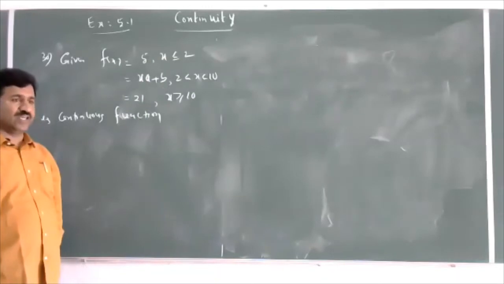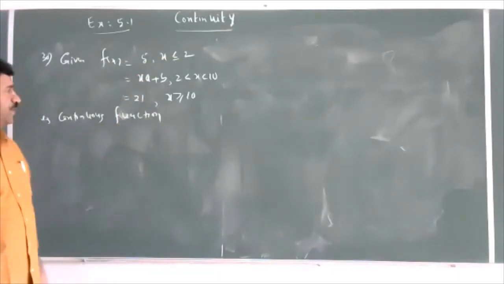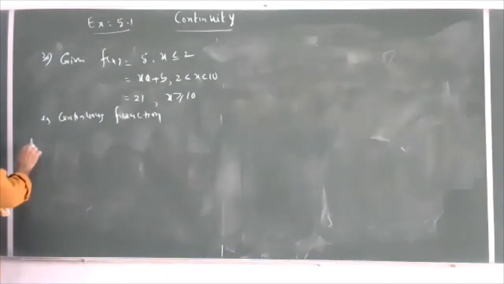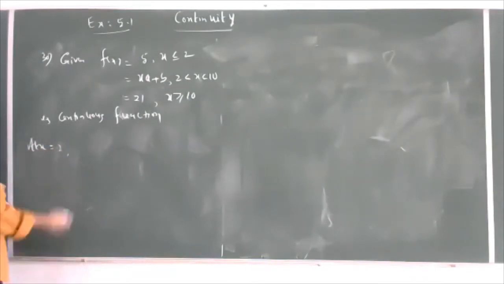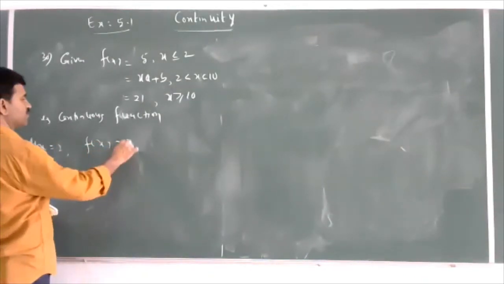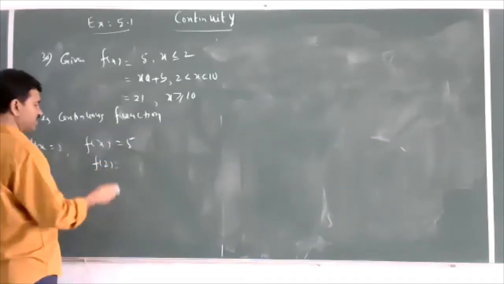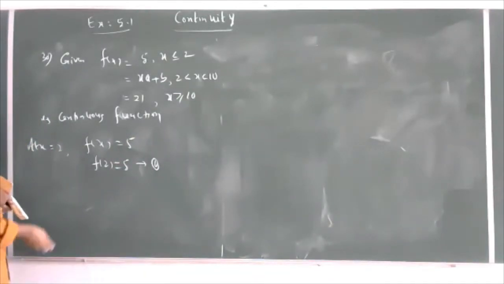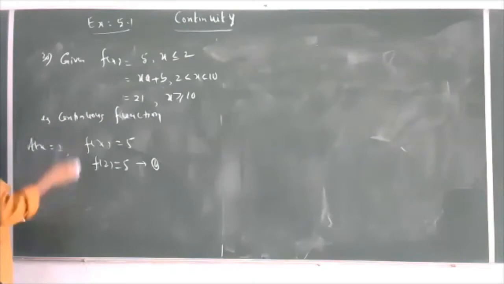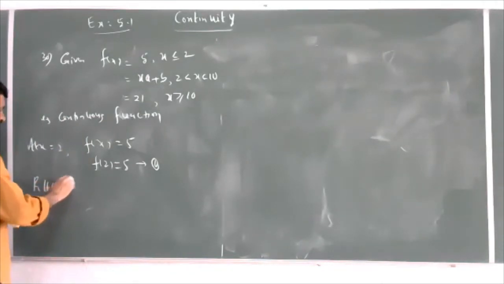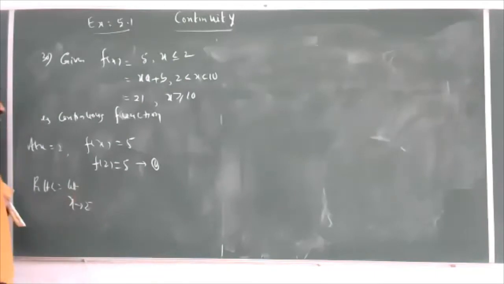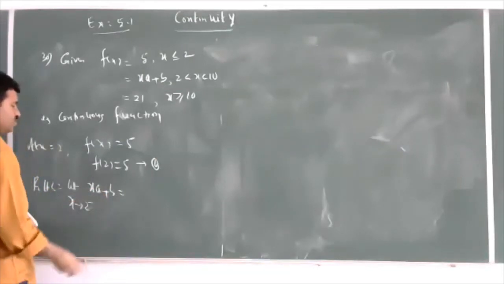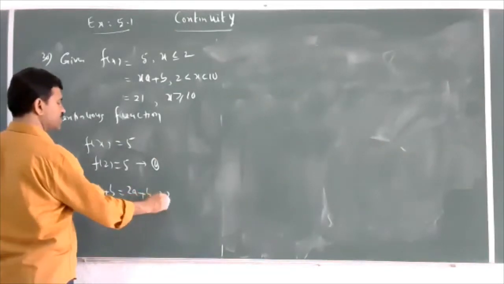Do the procedure. Simple. First, at x is equal to 2, function value f of x is equal to 5. So f of 2 is 5. Equation 1. Left limit same. Find the right limit. Limit x tends to 2 minus, xa plus b, applying x value, 2a plus b, equation 2.